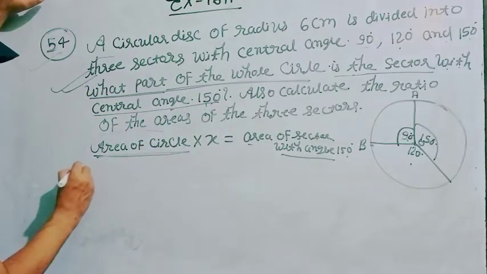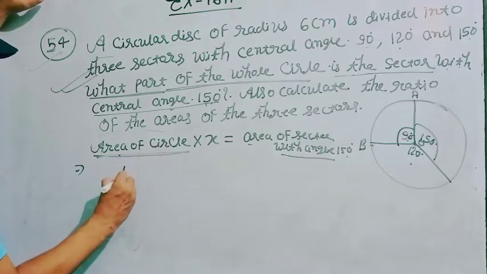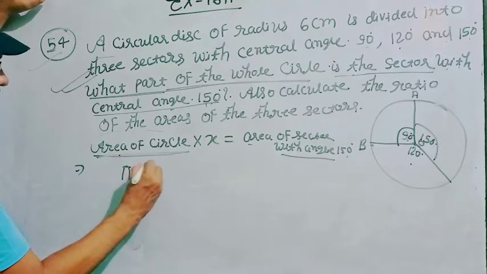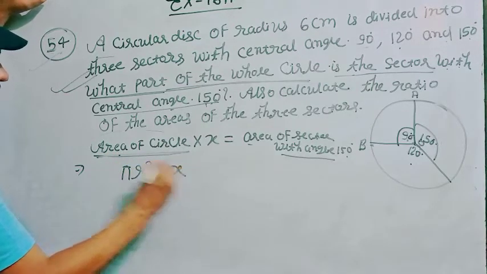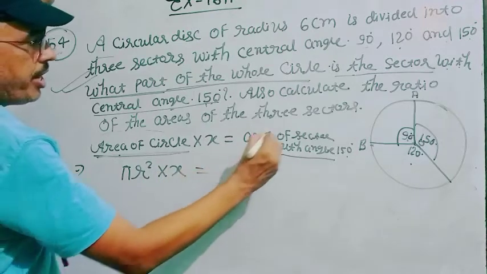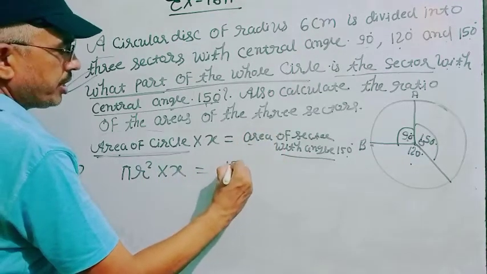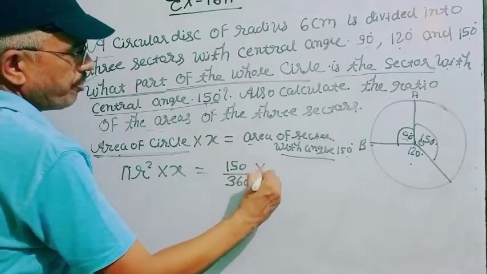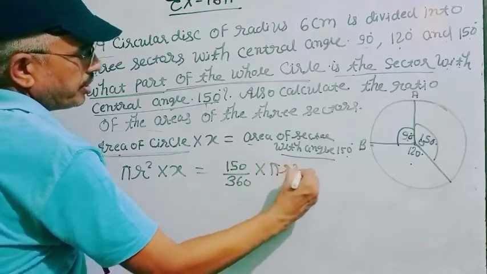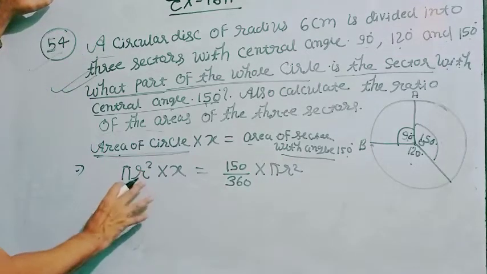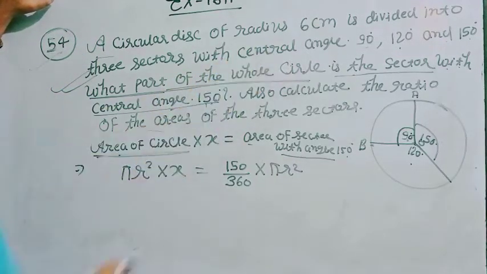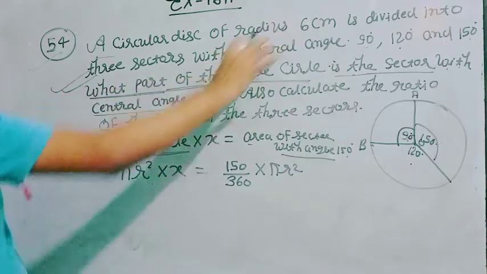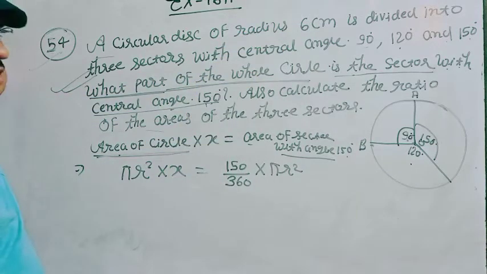So what is the formula of the area of the circle? It is equal to pi r square. It is what part, that is x. And the area of the sector is theta by 360 into pi r square. Don't put in the value of the radius 6 cm, because there is no need to find the area of the circle with the radius of 6 cm.